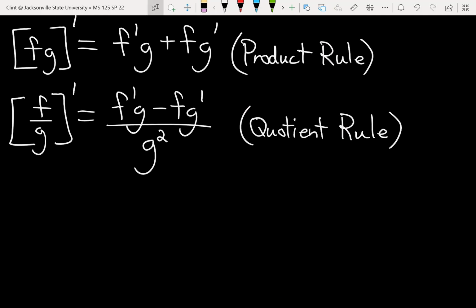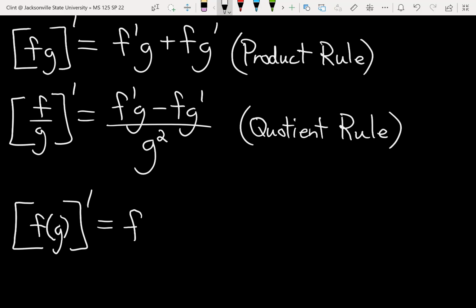Now let's see what's the best way to write it down. If we have f of g, it'll be f prime of g times g prime.